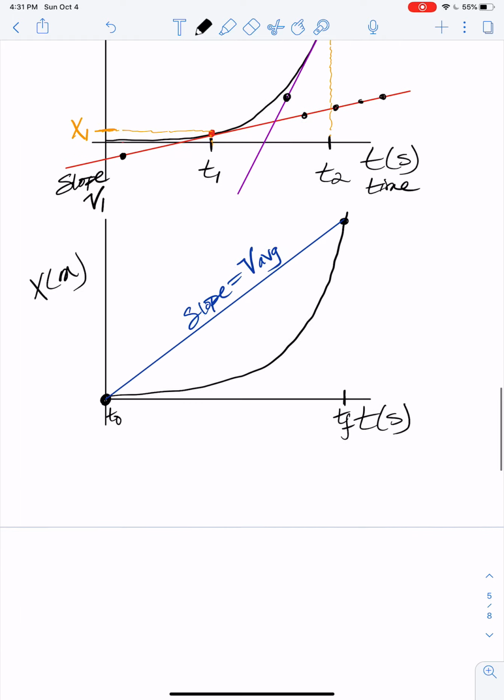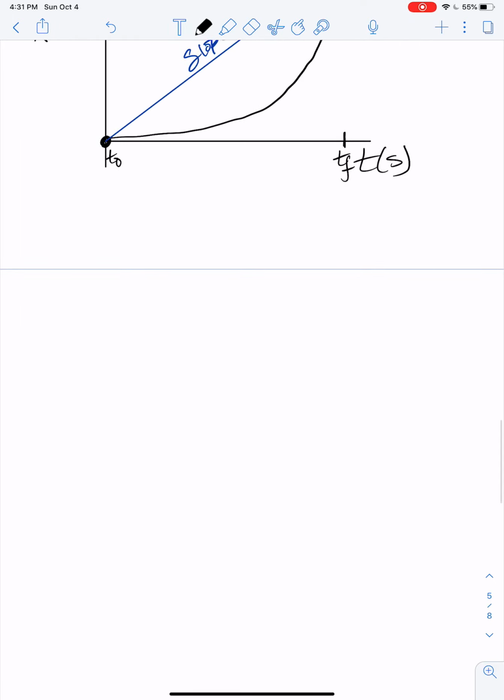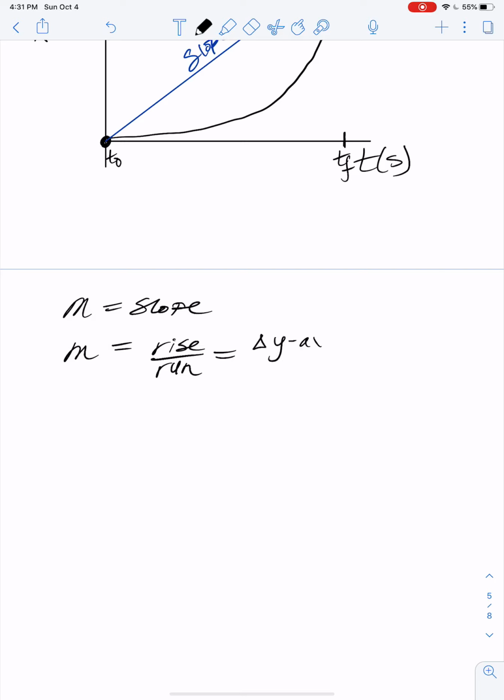So, okay, coming down here then, let's talk about this. We remember that the slope is equal to m. And m is equal to, from math class, rise over run, which is kind of stupid to say because it doesn't really mean anything. What that means is the change in the y-axis over the change in the x-axis.